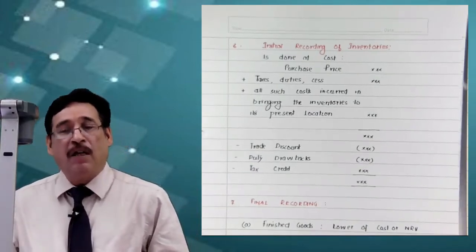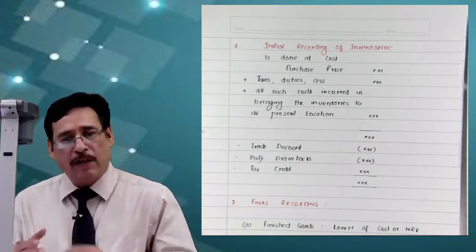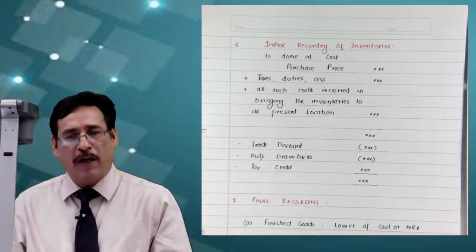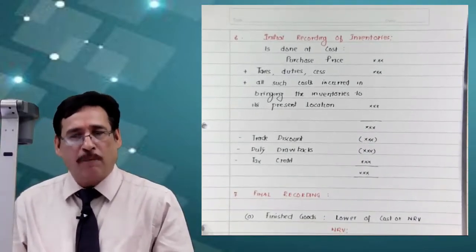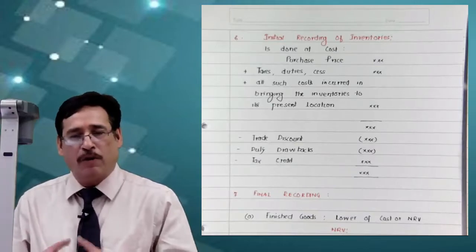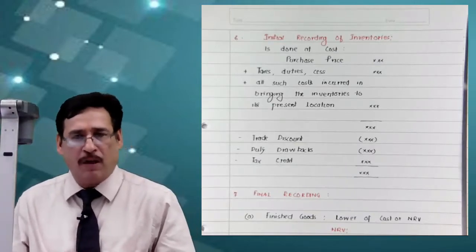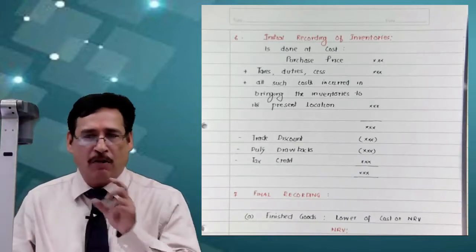However, there are some elements which are going to reduce the cost of the inventory. In order to know the cost price of the inventory, we need to subtract trade discount. Suppose we have given a very heavy order, we might get some volume discount. So if we have received any trade discount, it will be subtracted.